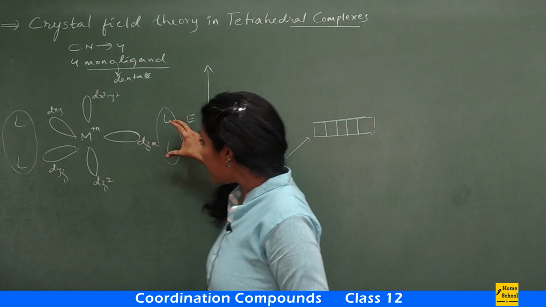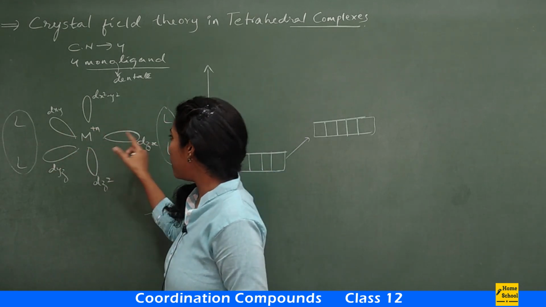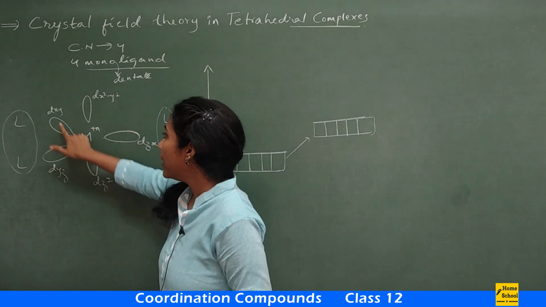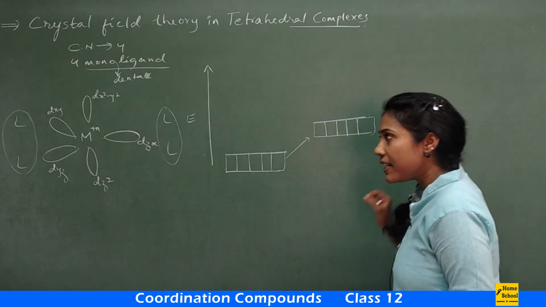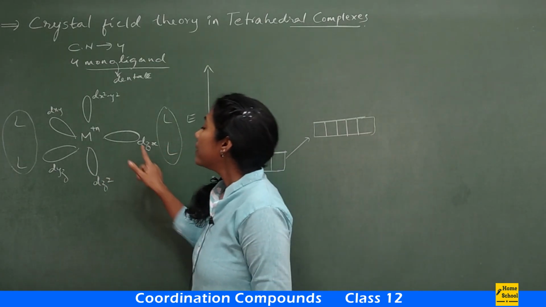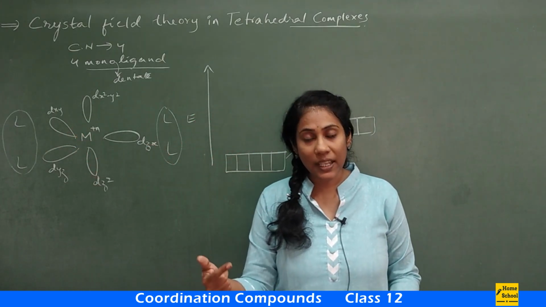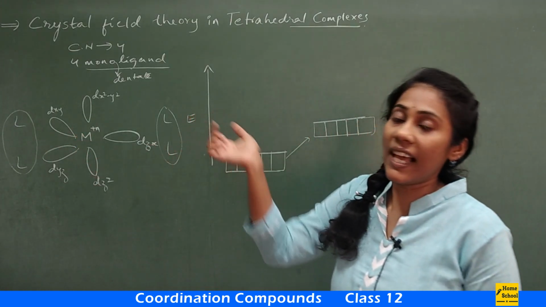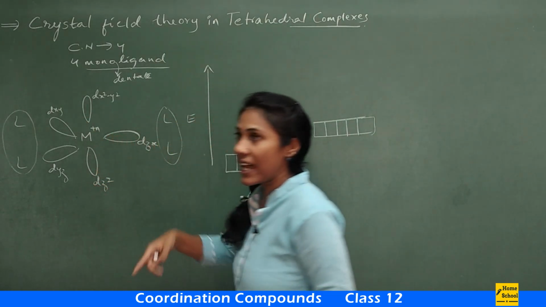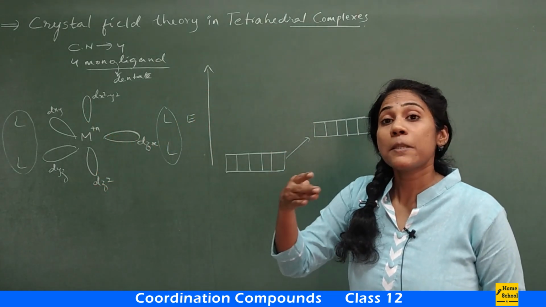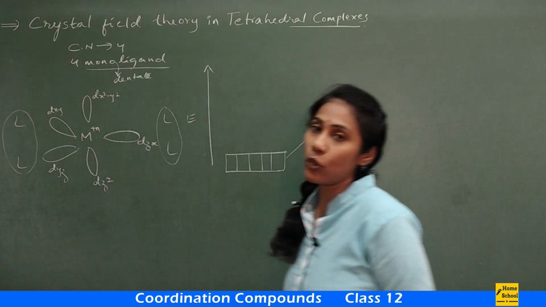The direction of their approach is exactly opposite to the direction of dxy, dyz and dzx. So obviously these orbitals will experience more repulsion. As a result they will have more energy, and the remaining 2 orbitals which lie along the axes experience less repulsion and so have lower energy.